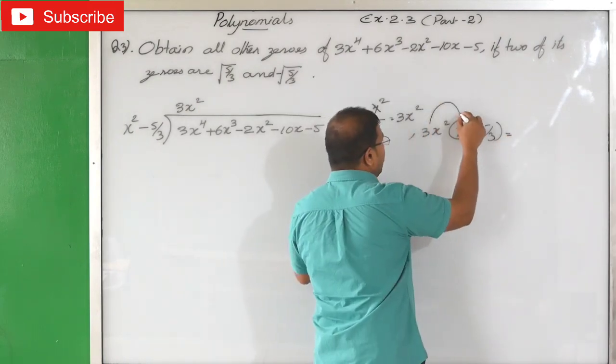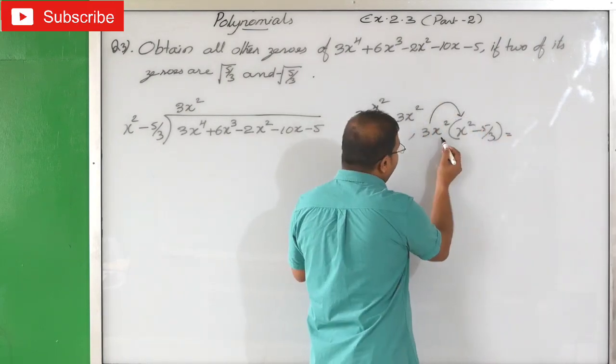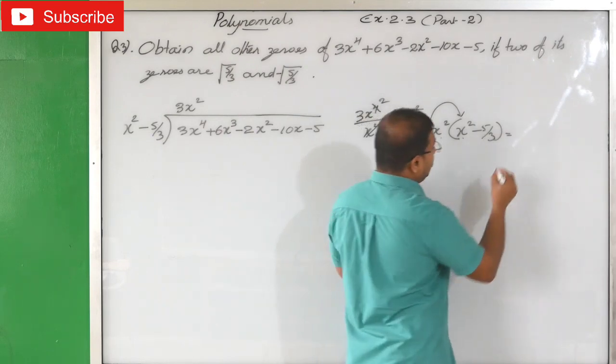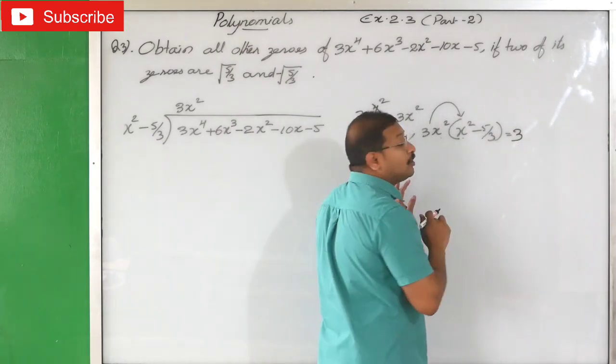That means these two will open now. Ready? So 3x square into x square, what will do?